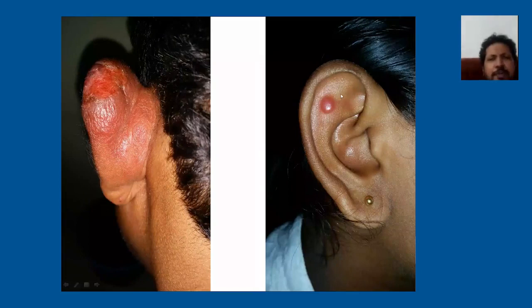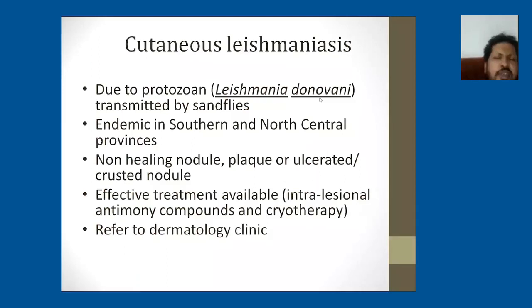In Sri Lanka, it's caused by Leishmania donovani, zymodeme MON-37. It's due to the bite of an infected female phlebotomine sandfly. Usually these can be treated effectively with intralesional antimonial compounds. In Sri Lanka, we use sodium stibogluconate, an antimonial compound, or cryotherapy.